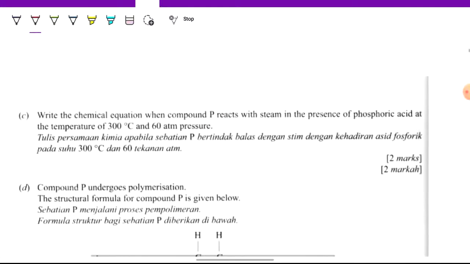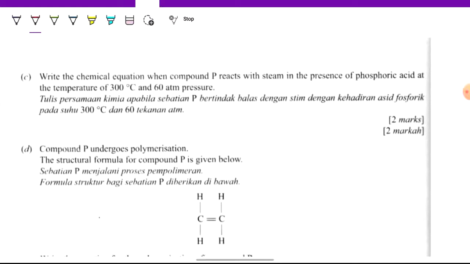Next question. Write the chemical equation when the compound P reacts with steam in the presence of phosphoric acid with the temperature of 300 degrees Celsius and 60 atmospheric pressure. So here, if we look into the condition, react with steam, right?